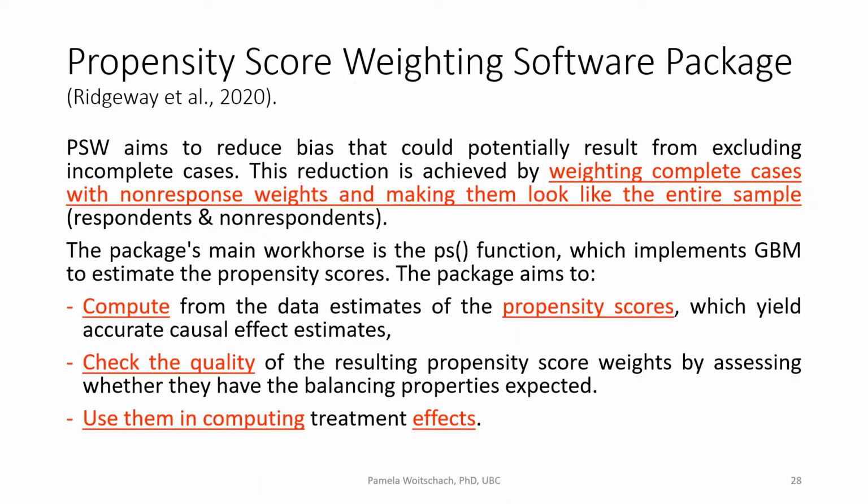The propensity score weighting aims to reduce bias by weighting complete cases with non-response weights and making them look like the entire sample. And this is done in 3 stages. We compute the propensity score weighting, then we check the quality of the balance, and then we use those weights in an outcome analysis.